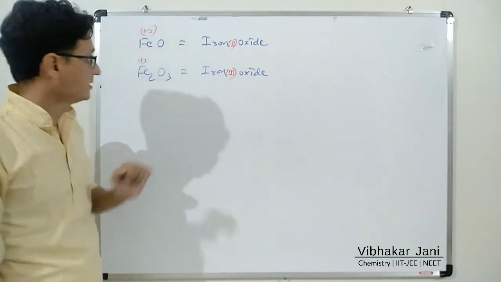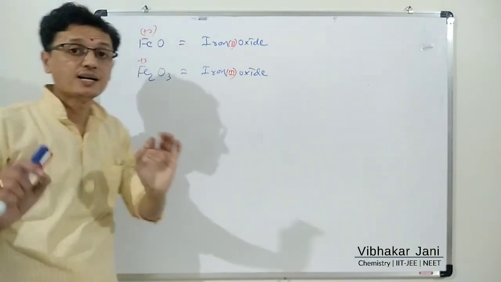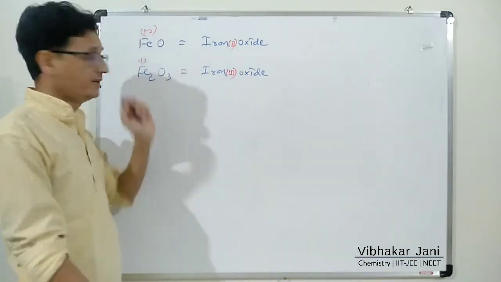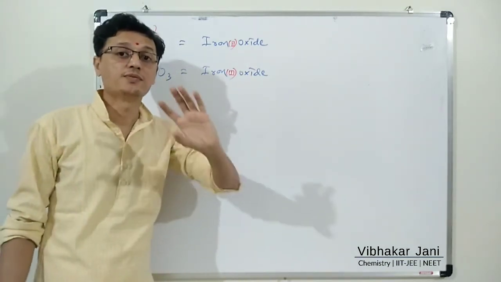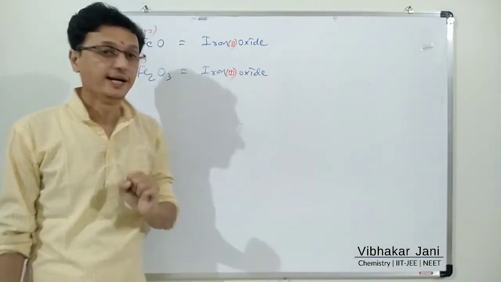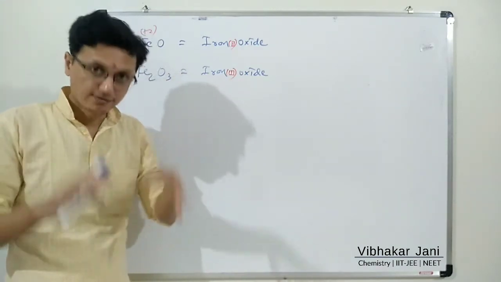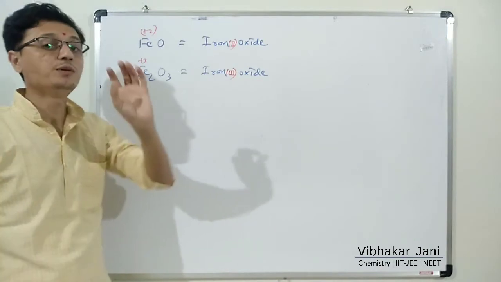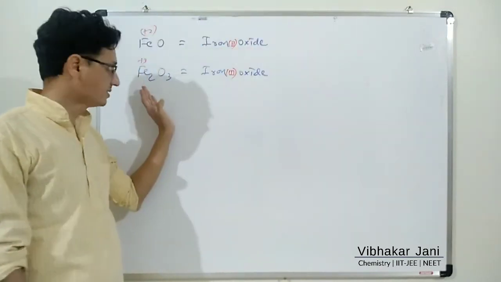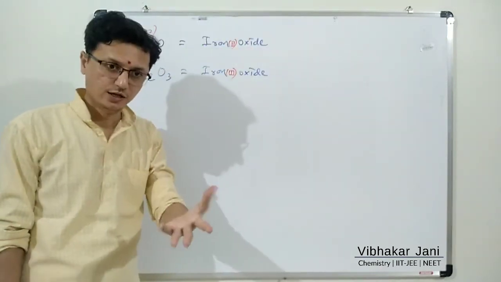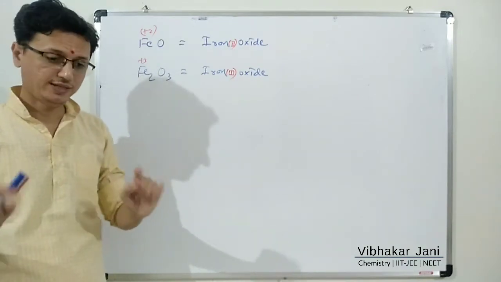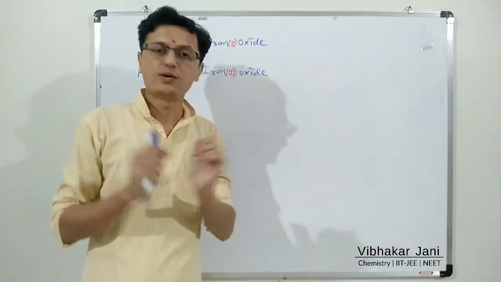But nowadays, both these ions have different names. Fe2+ is now known as ferrous iron. And Fe3+ is now known as ferric iron. So nowadays, the name of this compound will be ferrous oxide. And for this, we will write ferric oxide. So there will be no confusion. The name itself suggests the type of ion.